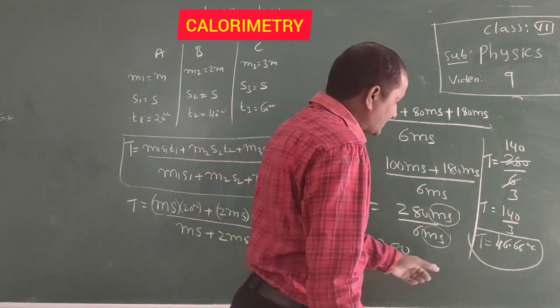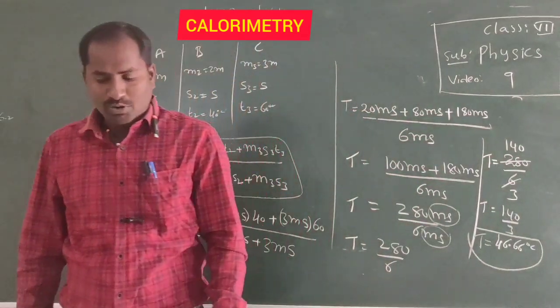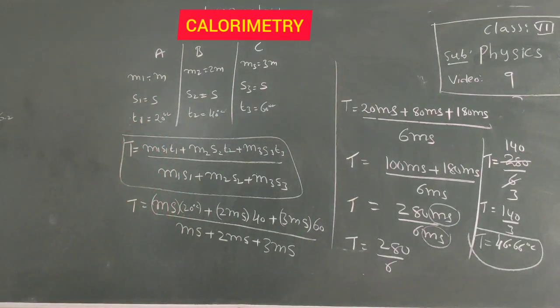So 280 by 6 equals 46.66 degrees Celsius. It is the resultant temperature of three liquids mixed together.